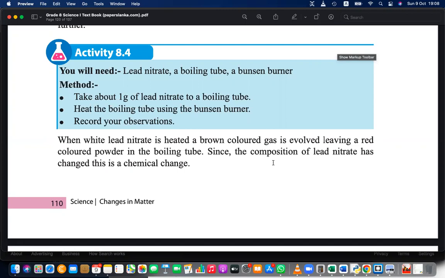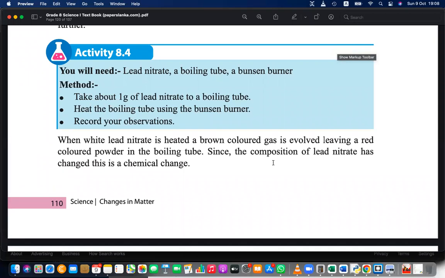In a physical reaction, you will not see any new compounds or substances after the reaction. There will still be the same composition, but in a chemical reaction there will be new substances and new solutions.